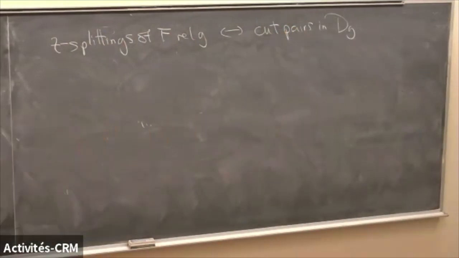And so really, using this way of thinking about splittings rel G and looking at cut pairs on the decomposition space, they prove a statement like this, where you get some sort of length bound on an edge stabilizer in terms of the element.